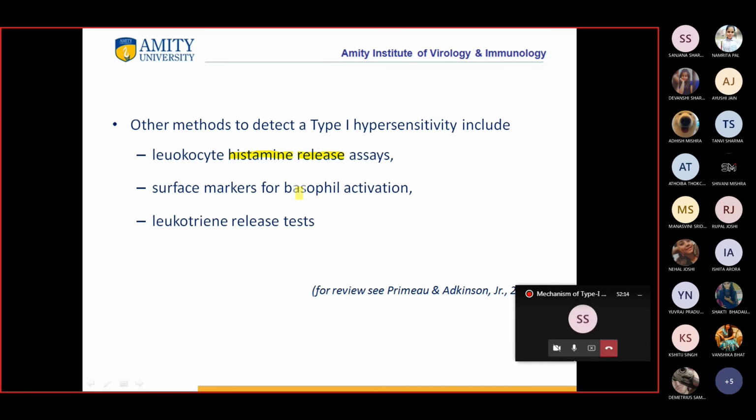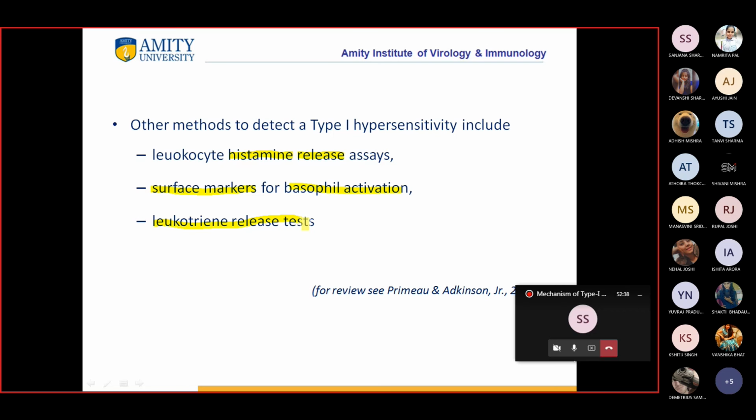So we know that when a basophil is activated, it shows these particular molecules on its surface. So you can always look for the surface markers for basophil activation. And then you can also look for the leukotriene release test, how much leukotriene is being released.